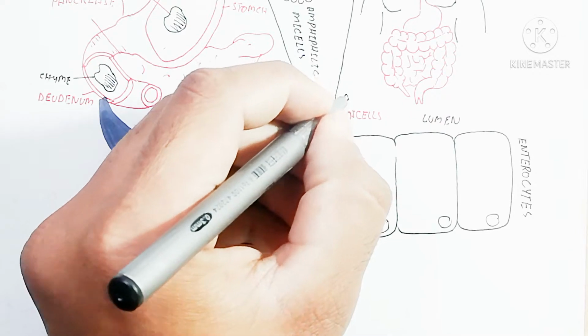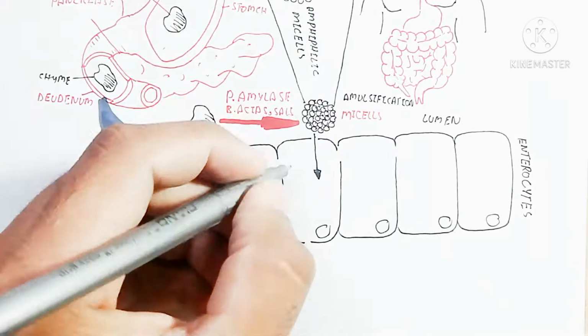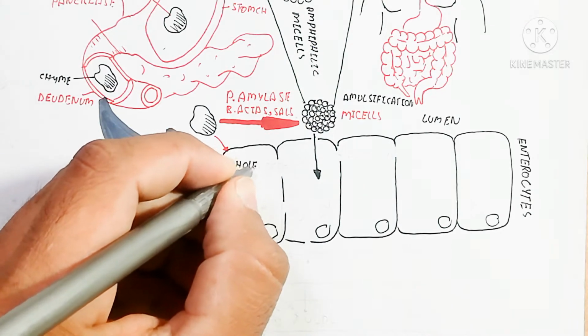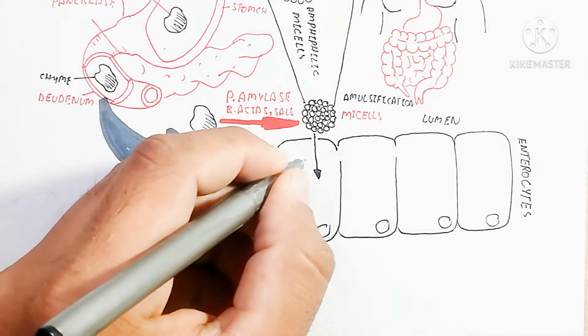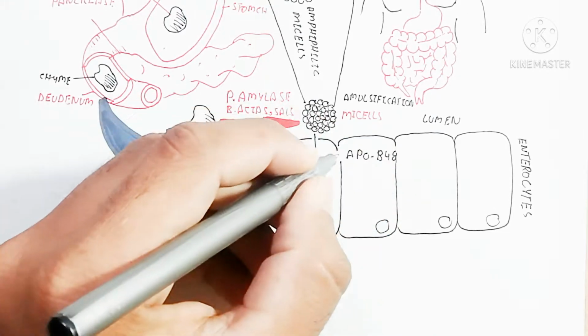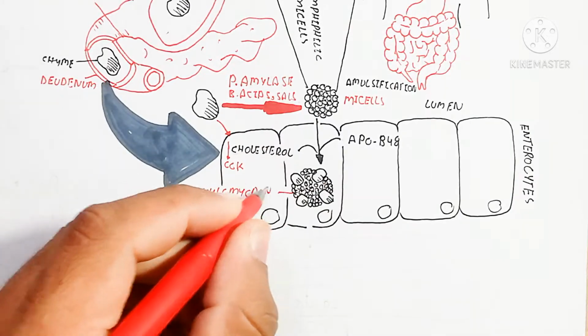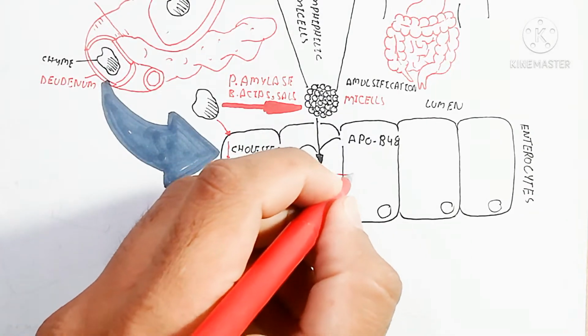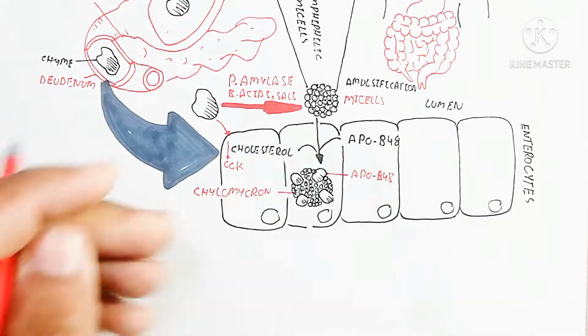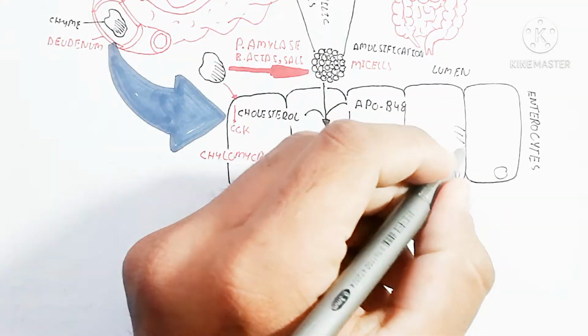When it goes inside the enterocytes, in the enterocyte there is the endoplasmic reticulum, which makes the protein, and the Golgi bodies will modify it. The modification by ApoB48 is produced, which creates the chylomicron. This chylomicron contains very low density lipoprotein.